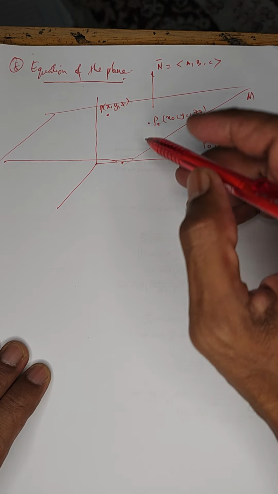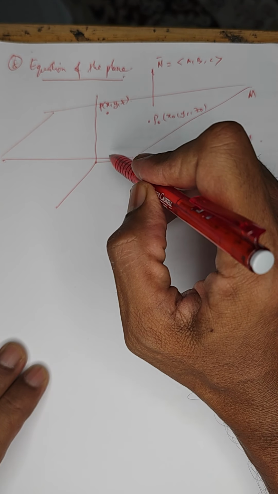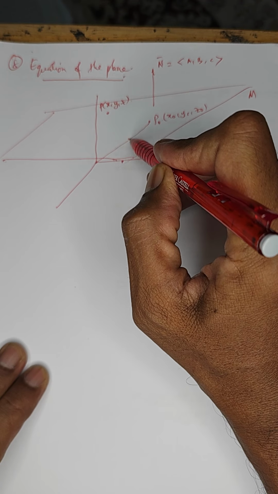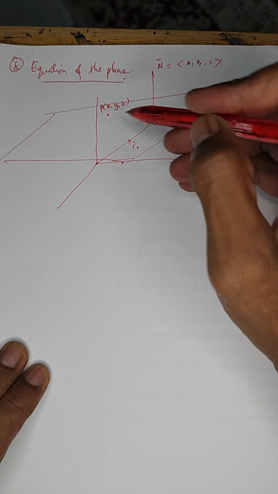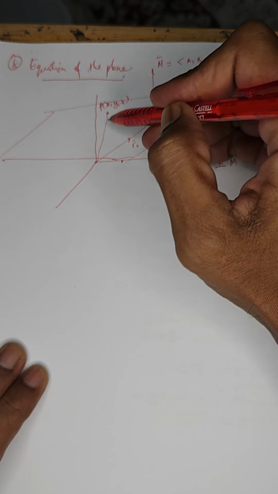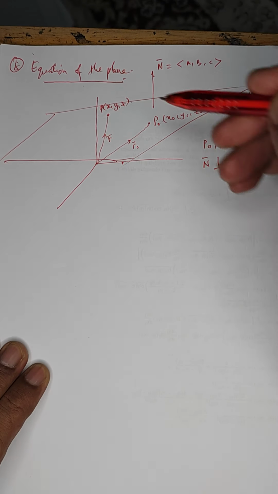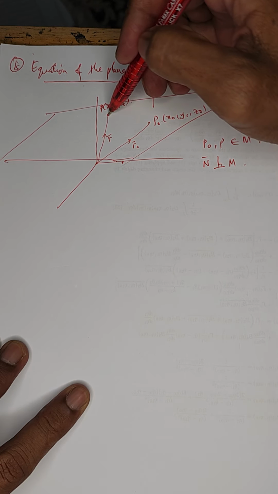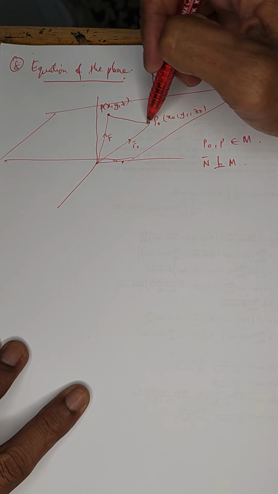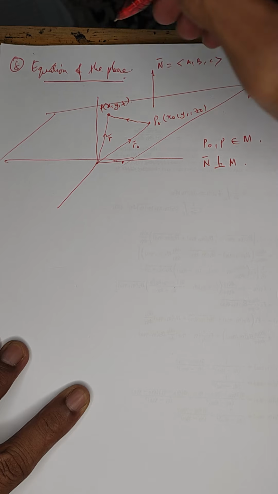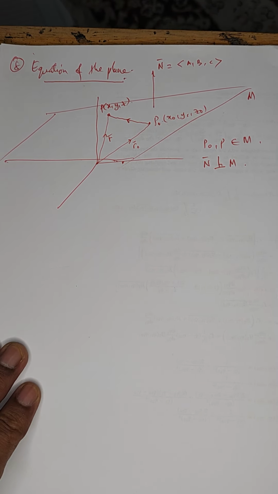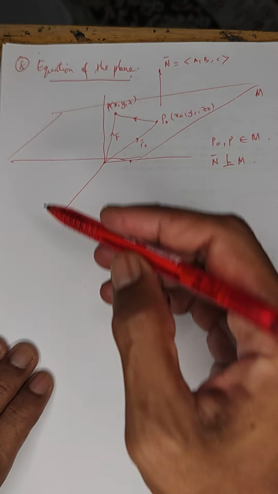Alright, so from there we can have a position vector R0, and a position vector R, and we can find the vector P0P. Let me write this in better words.